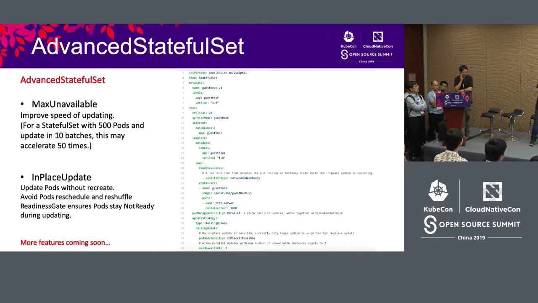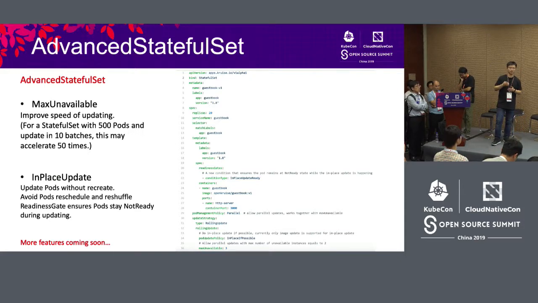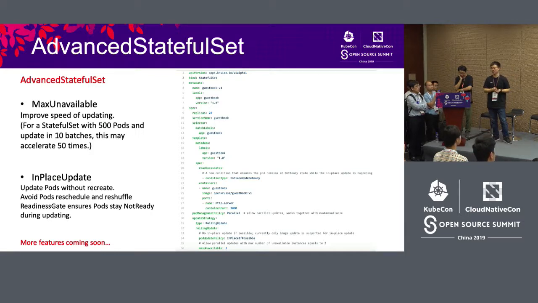Okay, I'm going to generally talk about the advanced StatefulSet. We provide two functions. One is max available. For example, for the default StatefulSet, if the policy has chosen parallel, however, when it's releasing, it's going to release pods one by one.